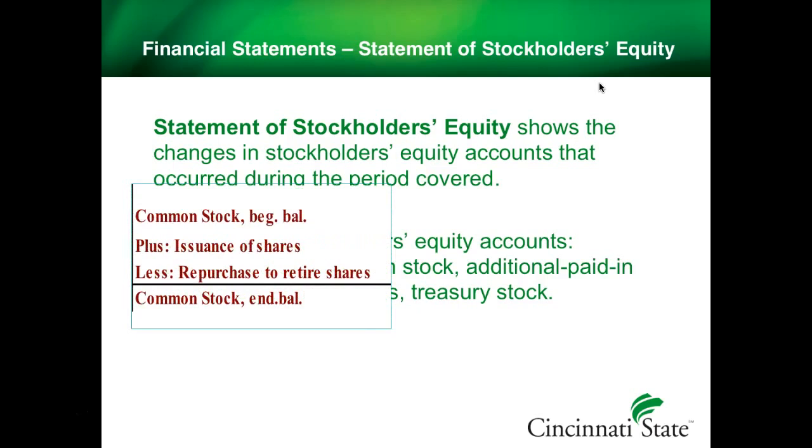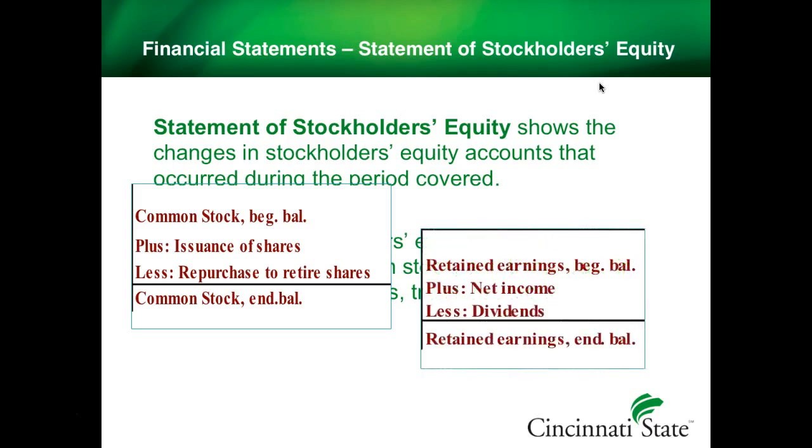Examples of contributed capital accounts are preferred stock, common stock, additional paid in capital. Retained earnings is another major category of stockholders' equity section. The balance represents the corporation's earnings retained in the business since inception. Net income less dividends accumulated for all the periods.